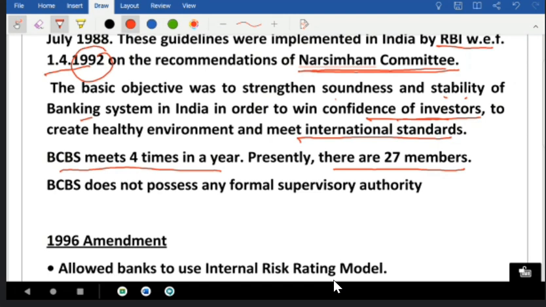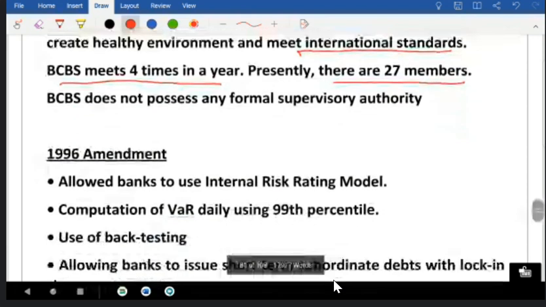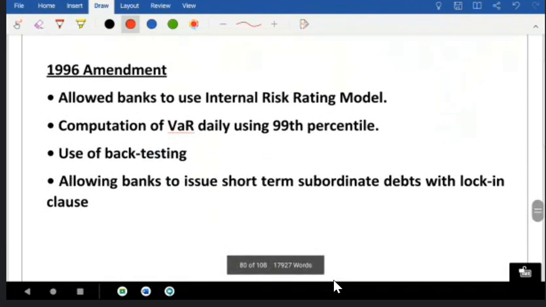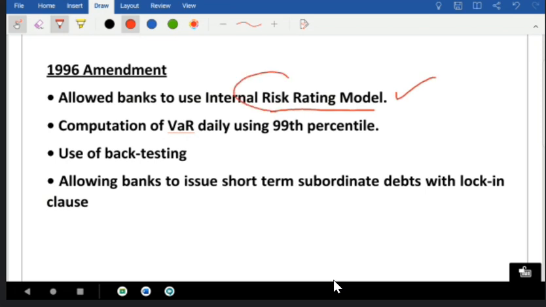Understood? And after this, one amendment in 1996 was passed that allowed banks to use internal risk rating models. That means banks can design their own risk model, with computation of VaR daily using the 99th percentile. Value at risk.